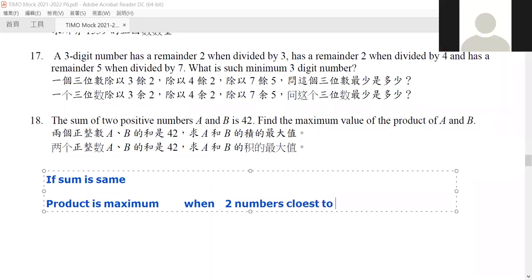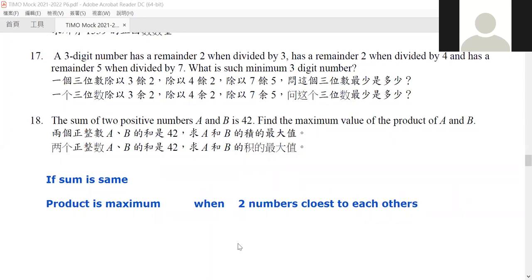So this is the most important mathematical fact that we would like to use in this case. We know that the sum is equal to 42. So what are the two numbers that are closest to each other whose sum is 42?